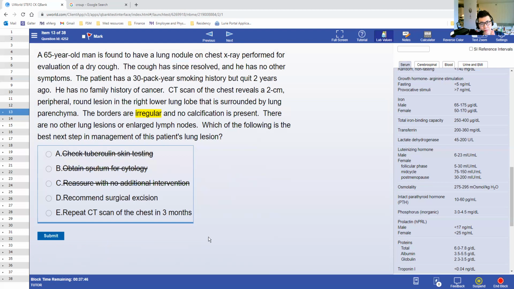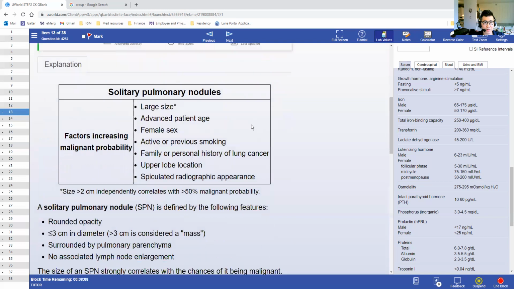Peripheral round, right lower lobe. Yeah, this is not super low suspicion. If you said regular borders or if it's like 1 centimeter, I probably would just say repeat it. But 2 centimeters irregular border, I'd do surgery. All right, good.